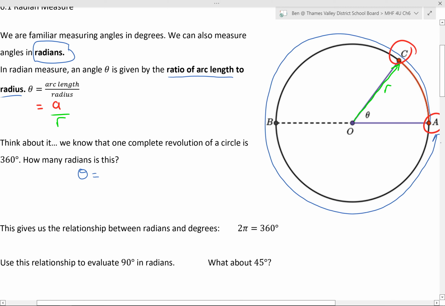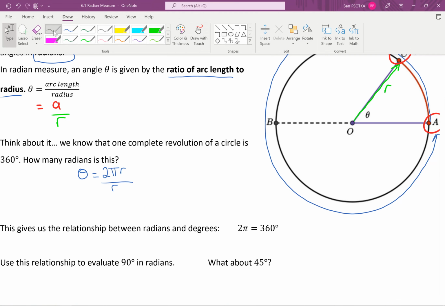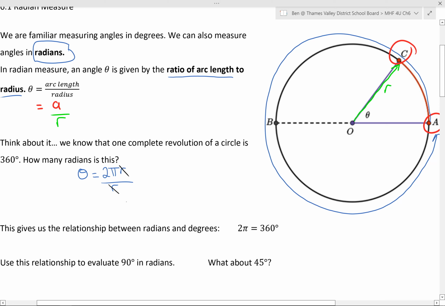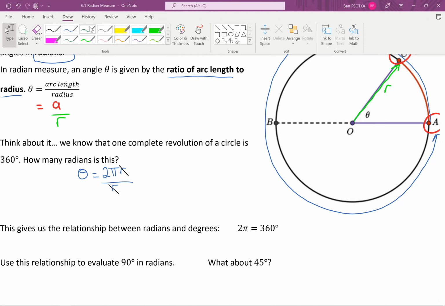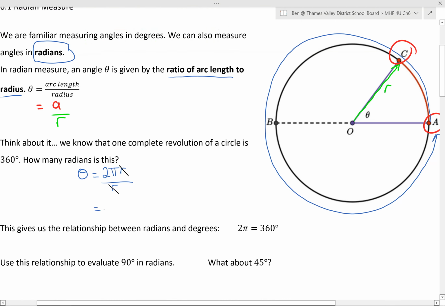Well, the equation for circumference of a circle is 2 pi r. So I take 2 pi r, that's the arc length, and divide that by radius. And I can see pretty quickly that this would simplify. I could cancel out my r's. This simplifies to theta equals 2 pi.